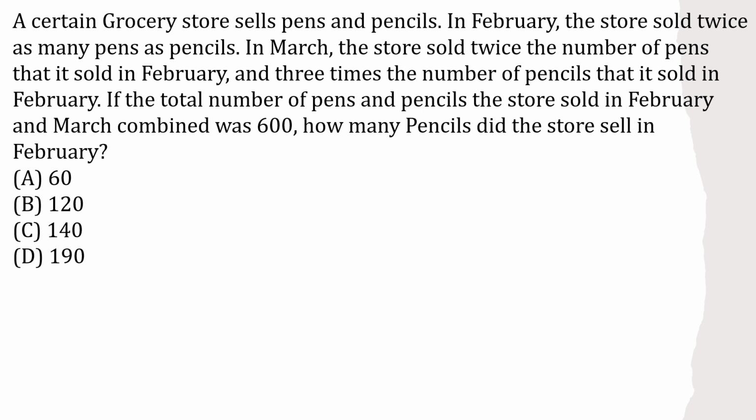In March, they sold twice the number of pens sold in February, and three times the number of pencils sold in February. If the total number of pens and pencils sold in February and March was 600, how many pencils did the store sell in February?